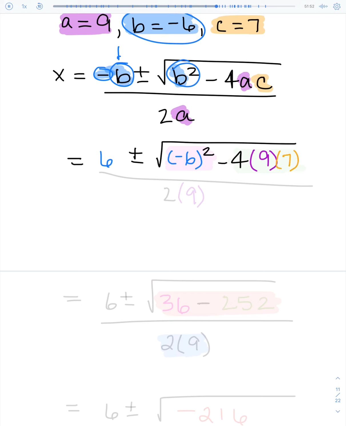And then it's all over 2 times a, and a is again 9.